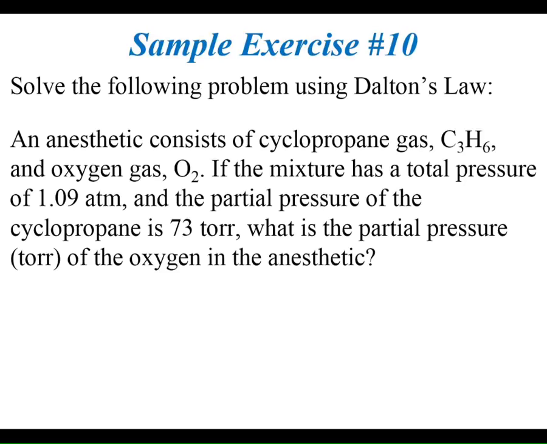So what's the partial pressure of the oxygen? So we've got two gases, cyclopropane plus oxygen, combining to give me a pressure of 1.09. So if the cyclopropane is 73, how much is the oxygen? So think about that, talk about that. Remember, 1 atmosphere is exactly 760 millimeters of mercury, or torr, same thing.